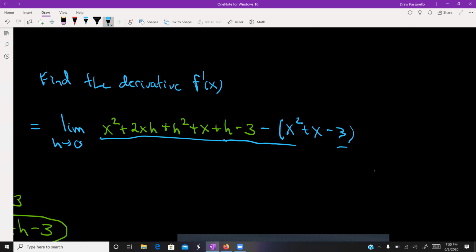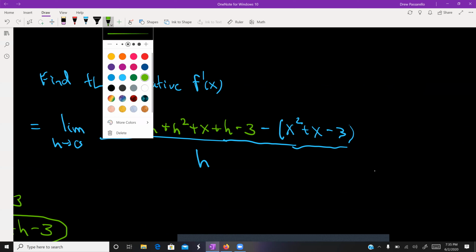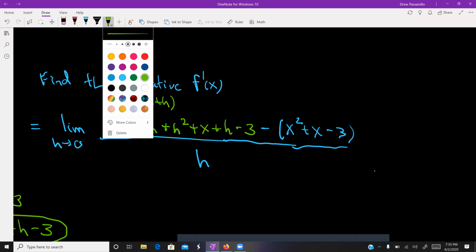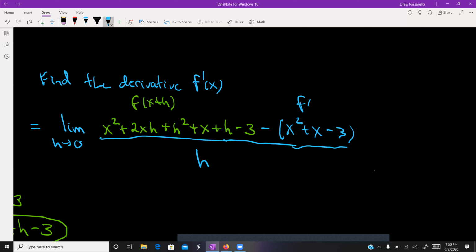All of this is divided by h. So this green portion is f of x plus h, expanded out, and this is f of x, just based on the formula.